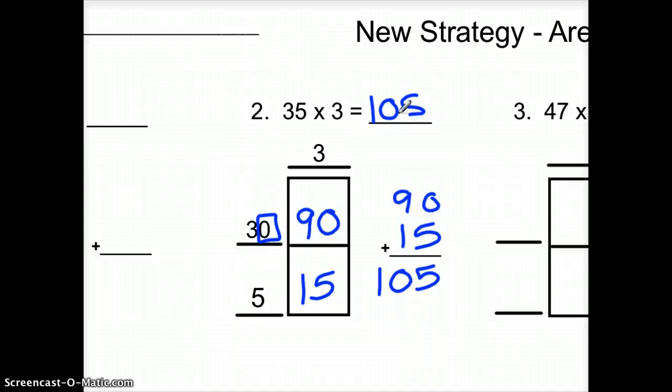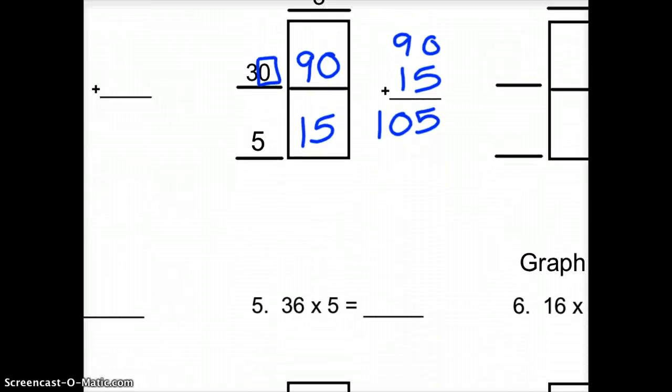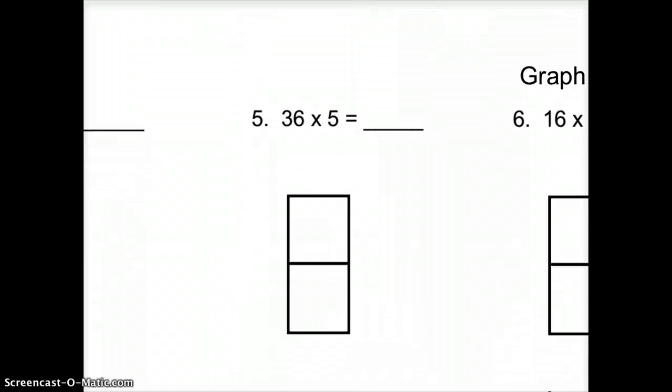Okay, we'll look at another one. We'll skip down to number 5. It's 36 times 5. So what I'm going to do is break this down into 30 and 6, and my single digit will go here, 5.